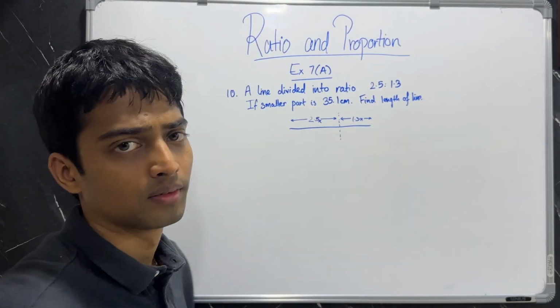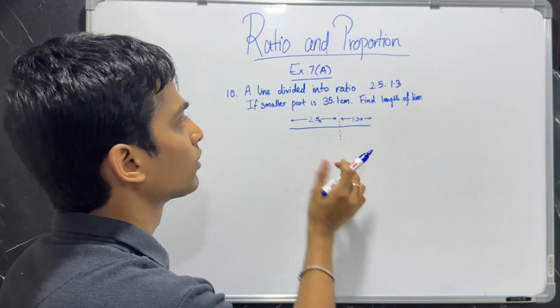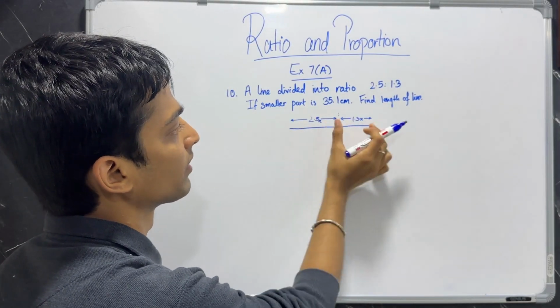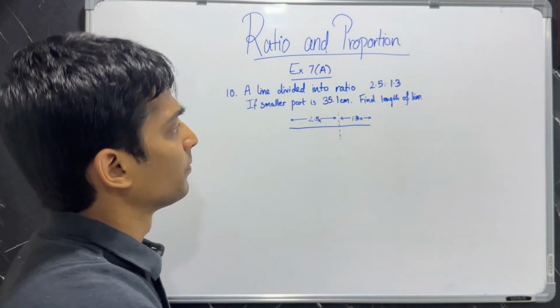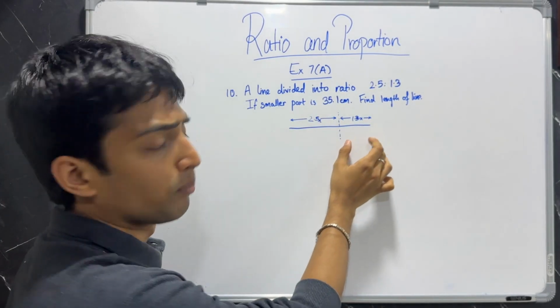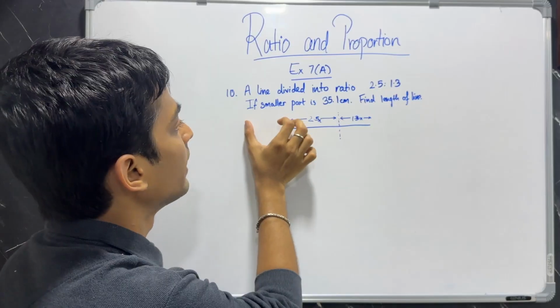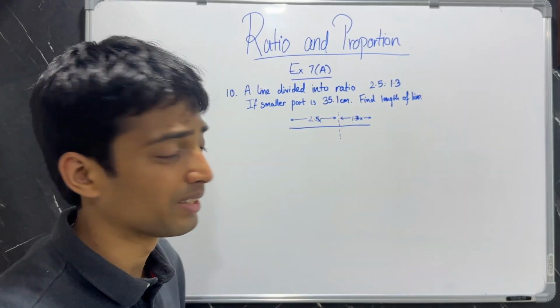So x is the common factor. So the actual lengths we are writing as 2.5x and 1.3x. The smaller part is obviously 1.3x and they have given smaller part is 35.1 centimeter.